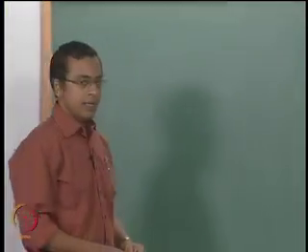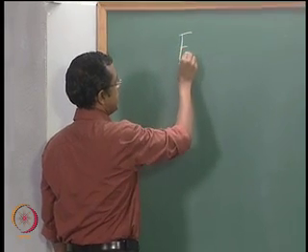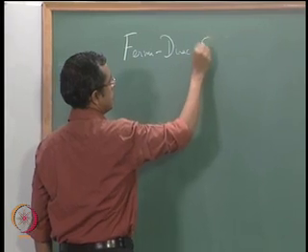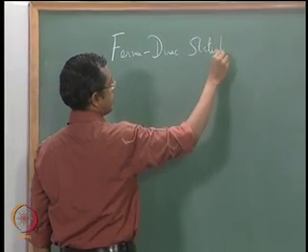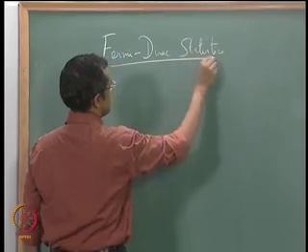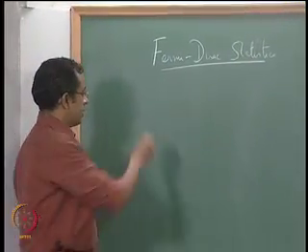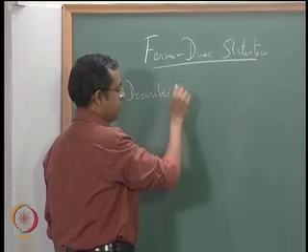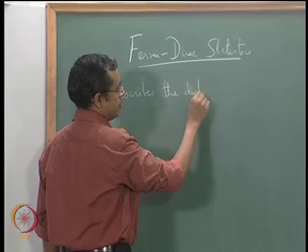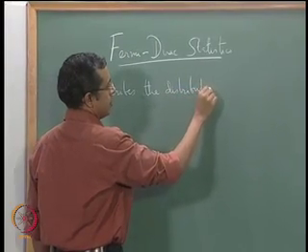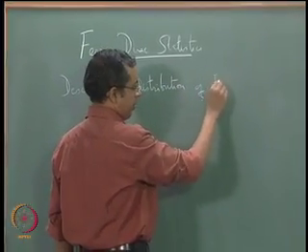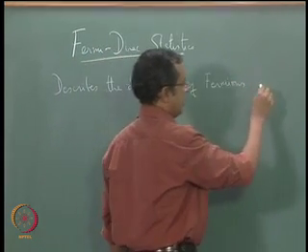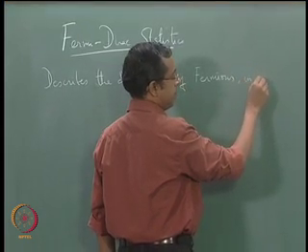Okay, so the Fermi-Dirac statistics describes to us the distribution of fermions in a system at thermal equilibrium.